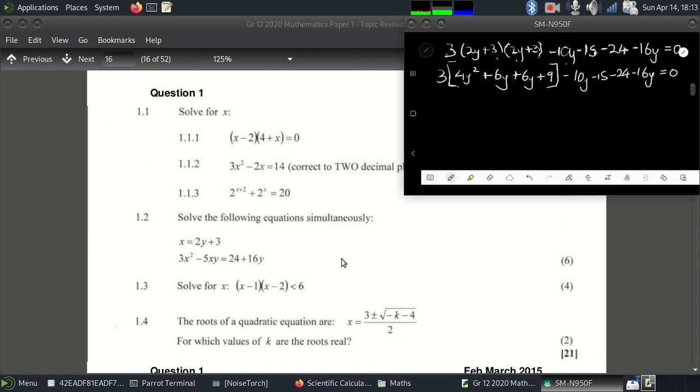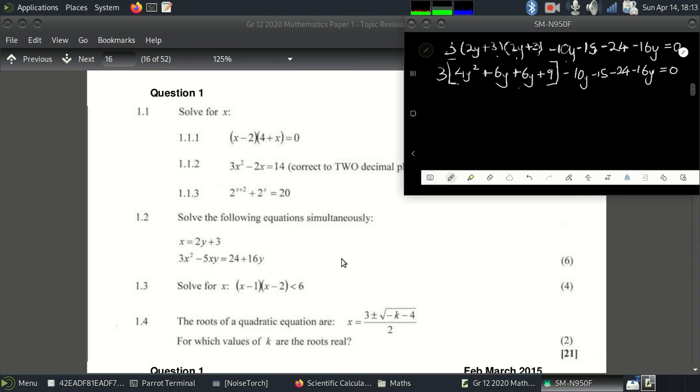Okay, and then we can simplify this part, so we'll actually have like a 12 on this part, right? And then let's also put in the 3 as well. So 4 multiplied by 3 would be 4, 8, 12. That's just 12y squared. Okay, and there we have a 12, and this 12 is being multiplied by the 3 coming from the outside, right? And 12 multiplied by 3 is, I believe that's 36.